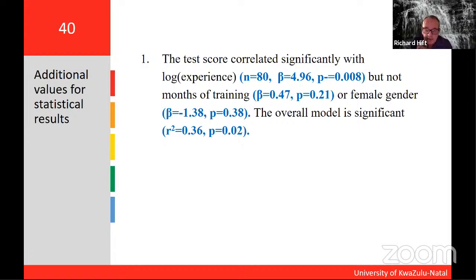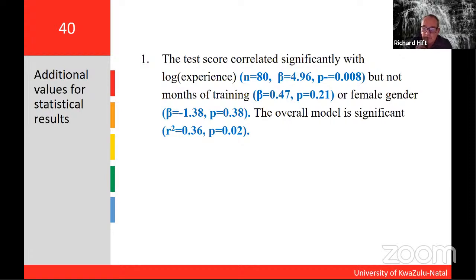certain tests produce a wide range of statistical outcome parameters beyond the p-value, and they have to be included. Don't let this confuse you, but the point is this is a multiple regression, and the editors want a beta value for each variable in the multiple regression. That's its coefficient when you draw a straight line.